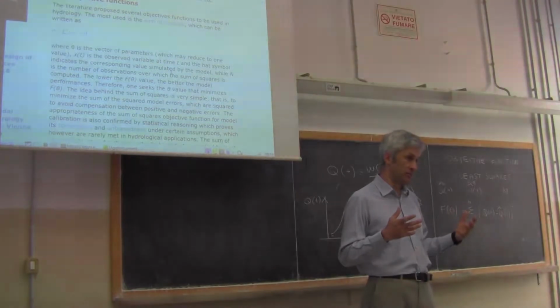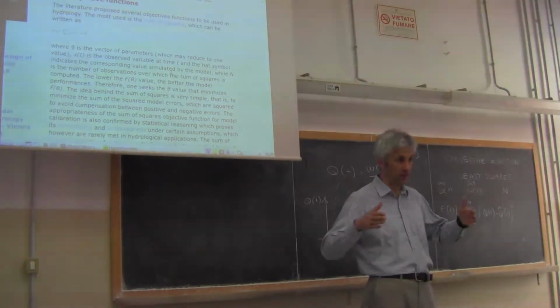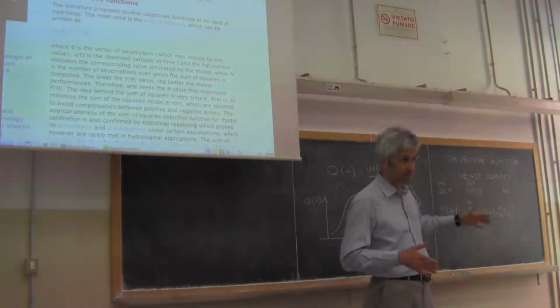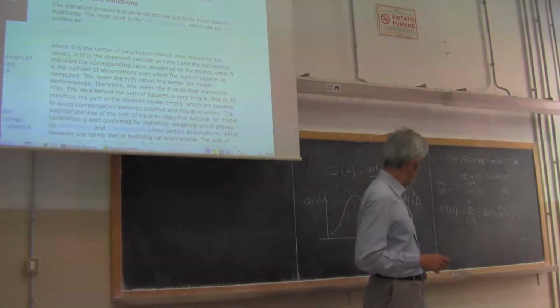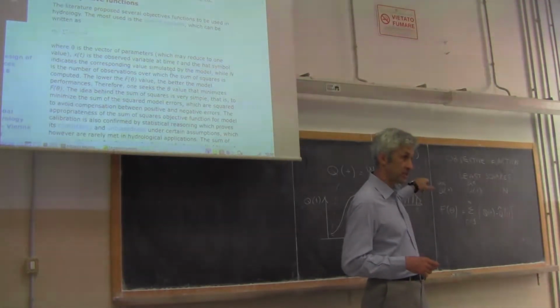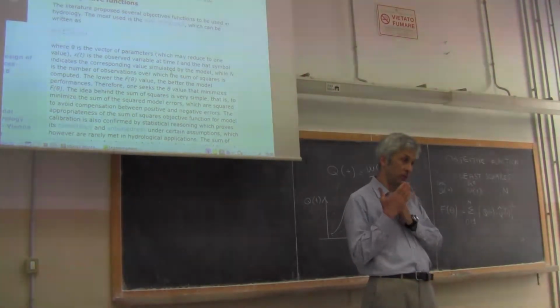A basic requirement, they thought, was that with increasing length of observed data, the estimation carried out by using this objective function converges to the true value of the parameters.